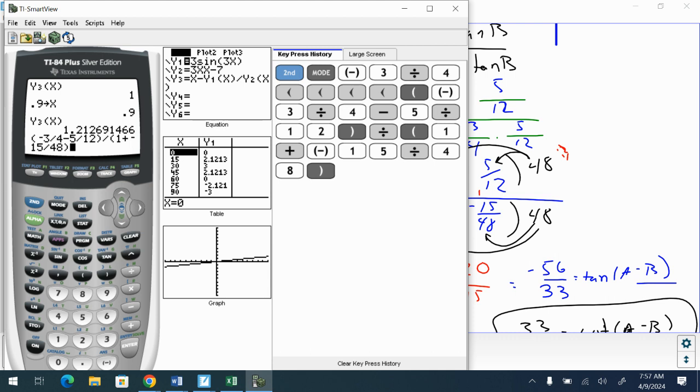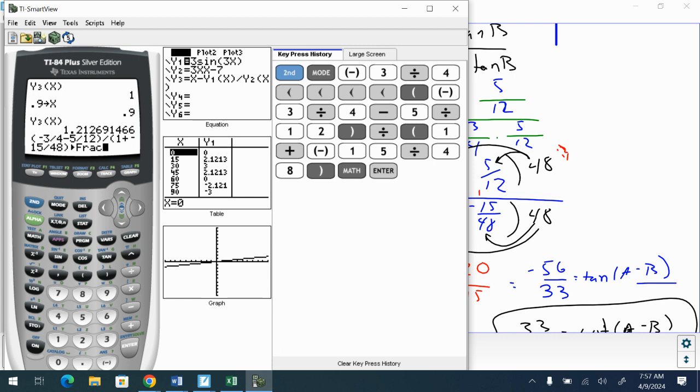Okay, now, above your X and negative or below your green button, you have a math button. Hit that math button. We want our first option. What this does is this takes our answer and moves it back into a fraction.